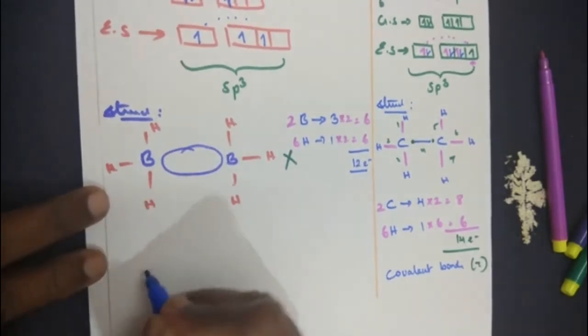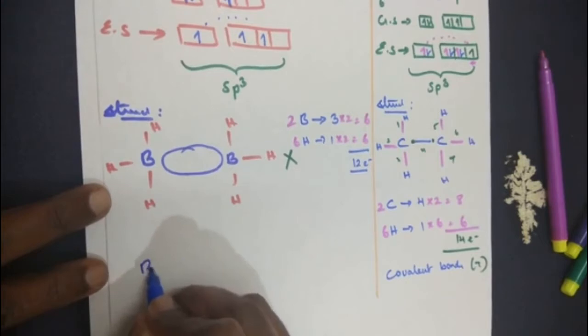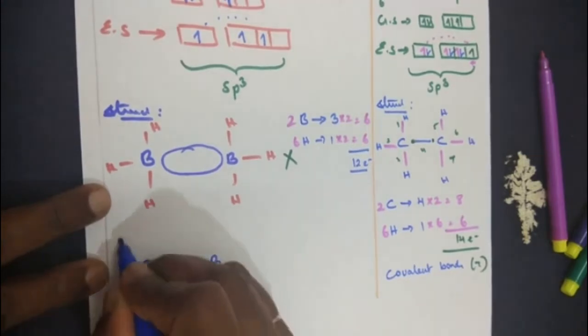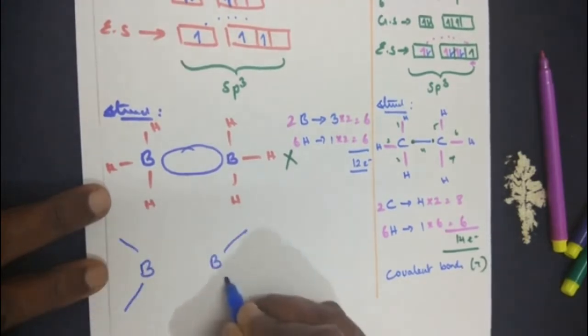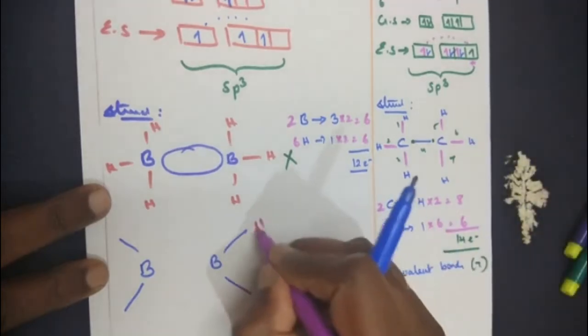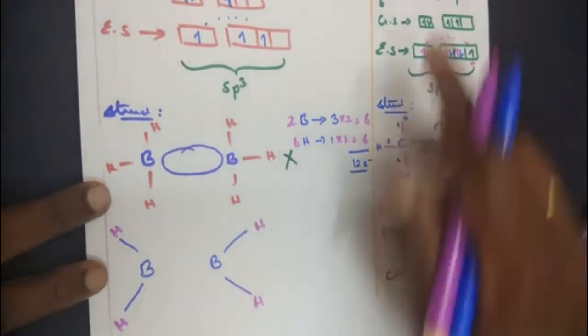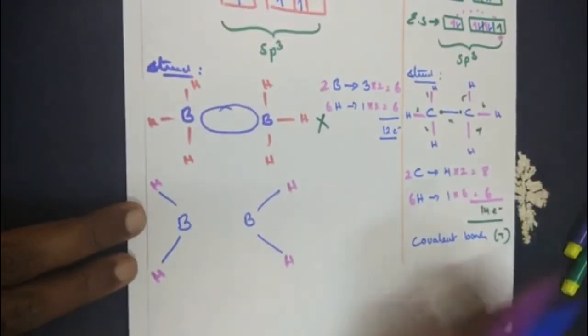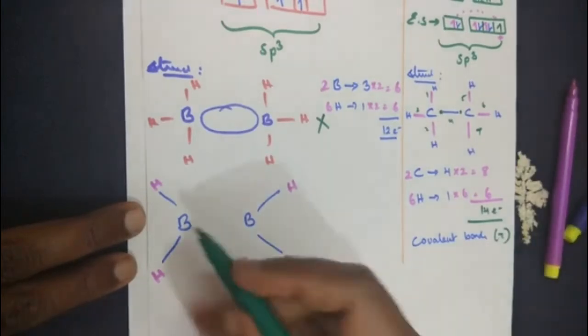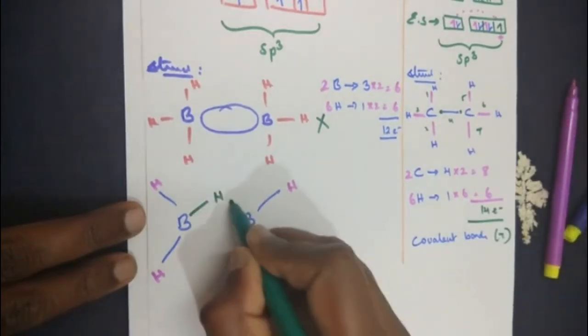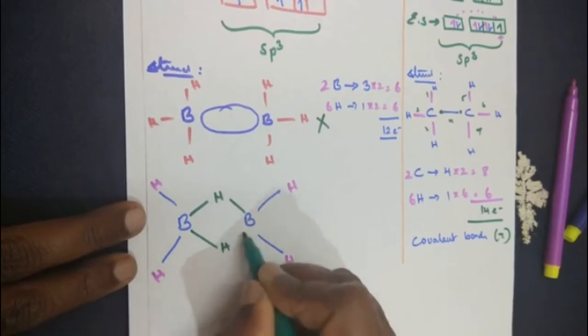Now, what is the right structure? The right structure is boron 1, 2, 3, 4 with 4 terminal hydrogen bonds. Out of the 6 hydrogens, 4 are being shown here. The remaining 2 hydrogens come in between the boron atoms.